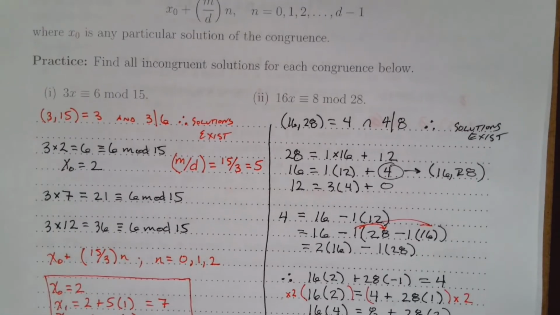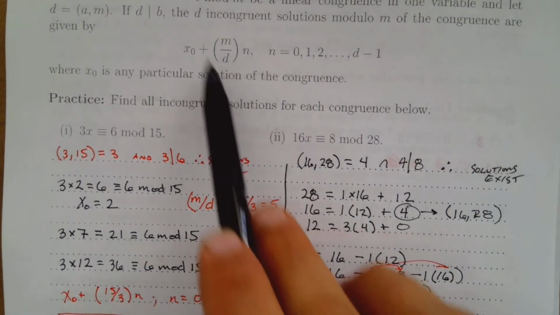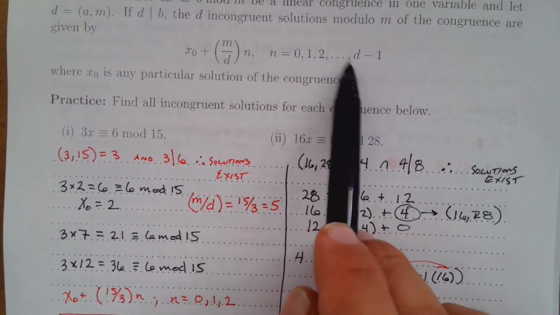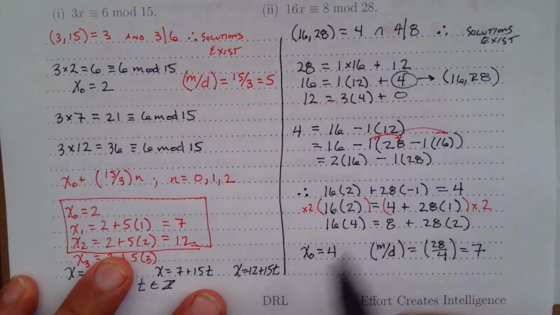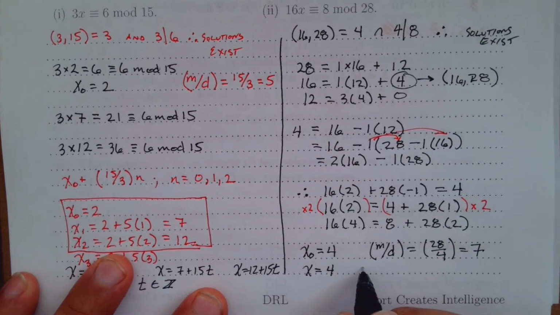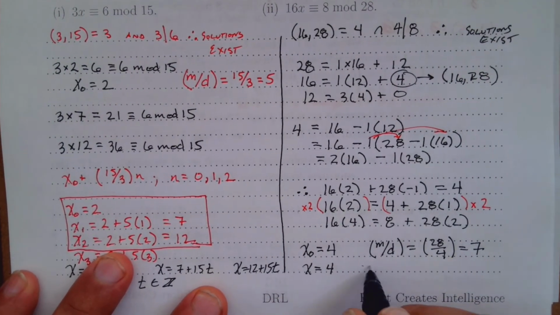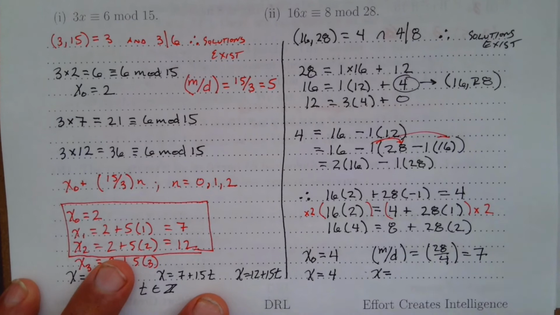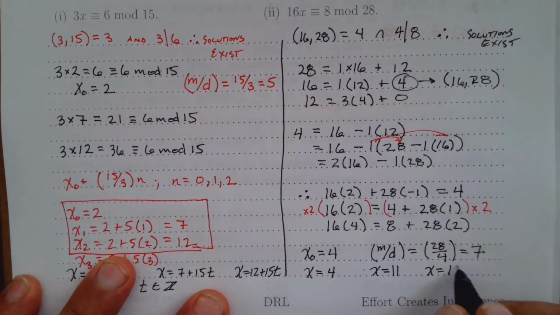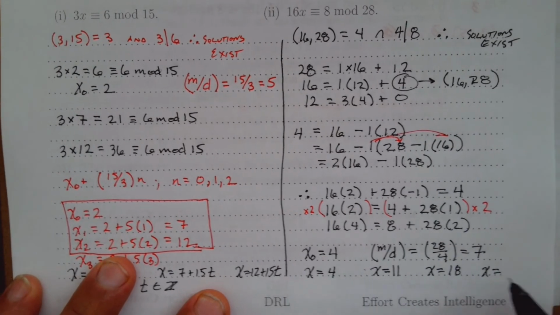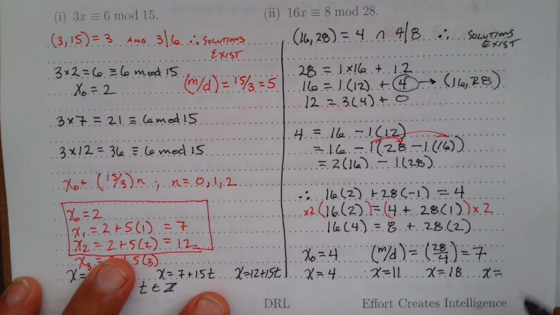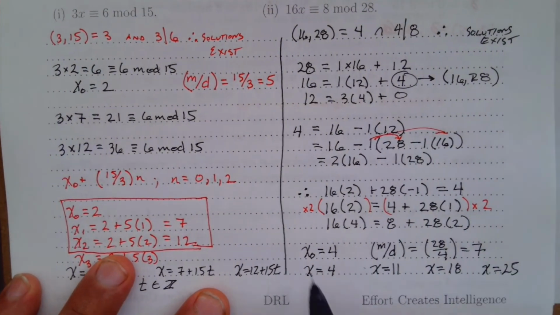I need x naught plus m over d times n for n equals 0, 1, 2, all the way to d minus 1. So x equals 4 is one solution. Then x equals, add 7, so that's 11. Add 7 again, that's 18. And add 7 one more time, that gives me 25.